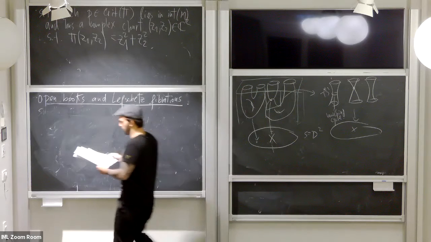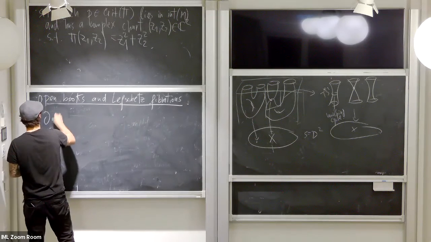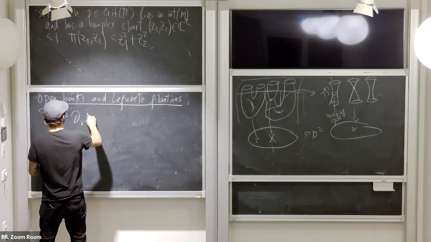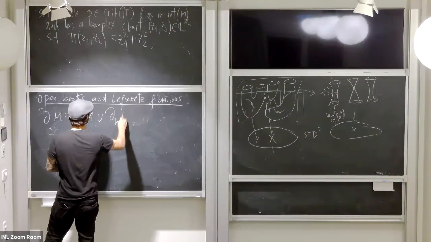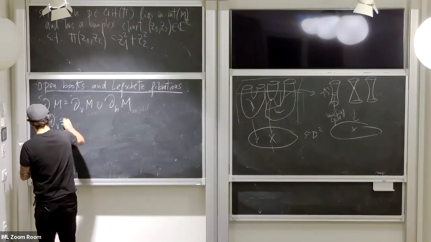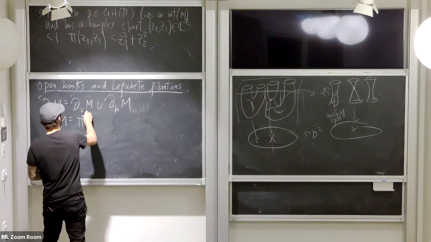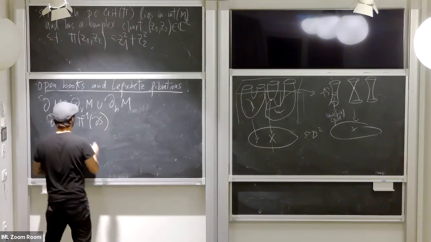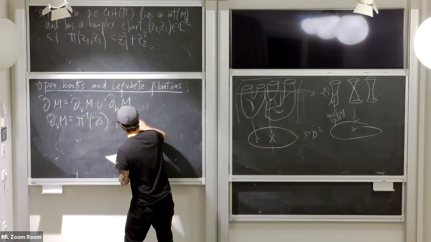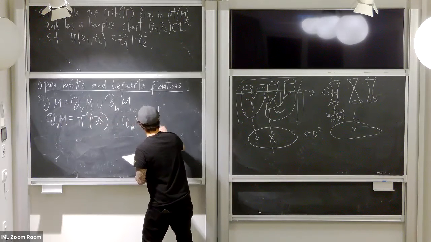The boundary of M is a copy of the vertical boundary of M union the horizontal boundary of M. So here, the vertical boundary is the image of the boundary of the surface. And the horizontal boundary of M is just a union over points.